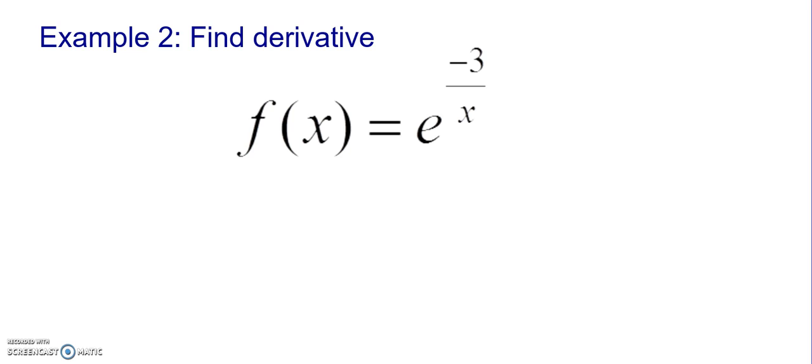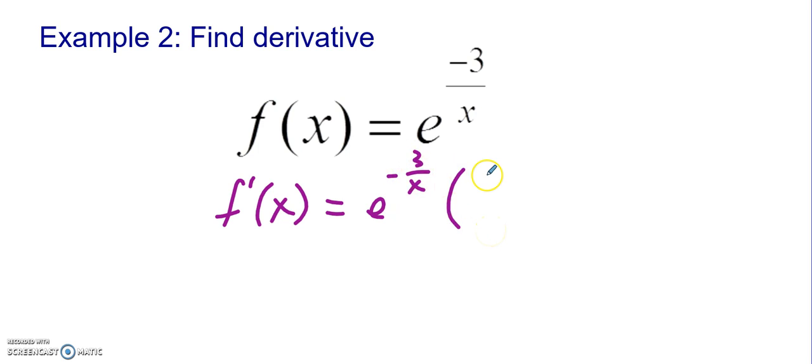What about f of x equals e to the negative 3 over x? Let's try this one. f prime of x equals e to the negative 3 over x times, remember, do not do the quotient rule here, please. Do not do the quotient rule here. 3 over x squared.